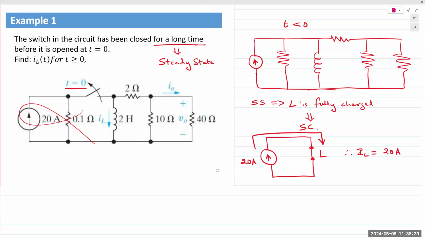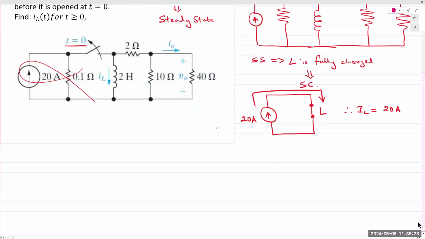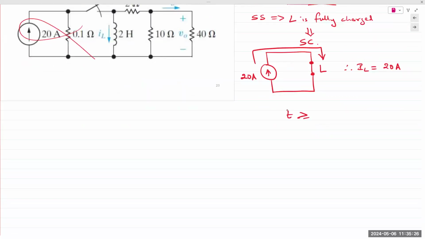The only things left in the circuit are the inductor and the 3 resistors on the right. Switch flips open at t equals 0. The only thing left in the circuit is the inductor and the 3 resistors on the right. Make sense?